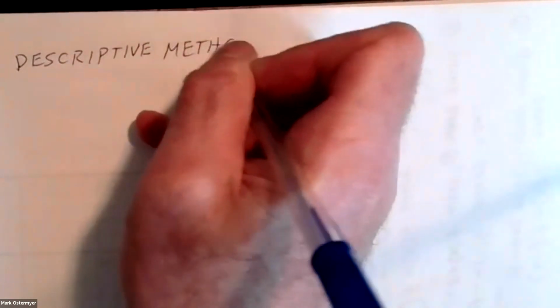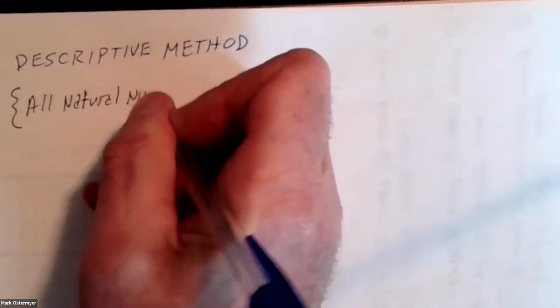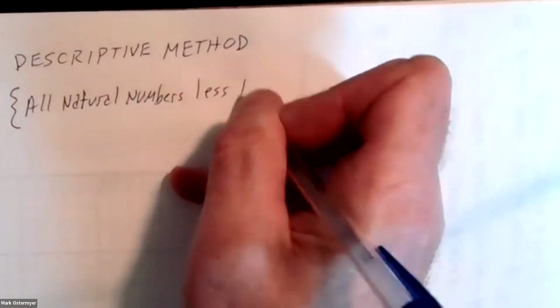Another way to represent sets is what is called the descriptive method. I could define a set to be the set of all natural numbers less than 10.